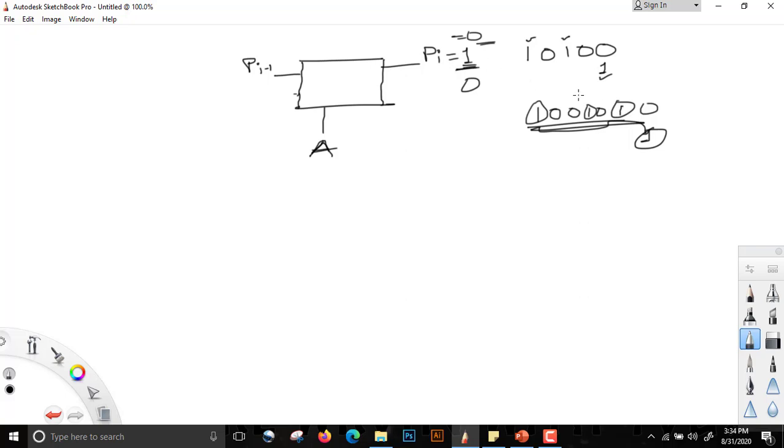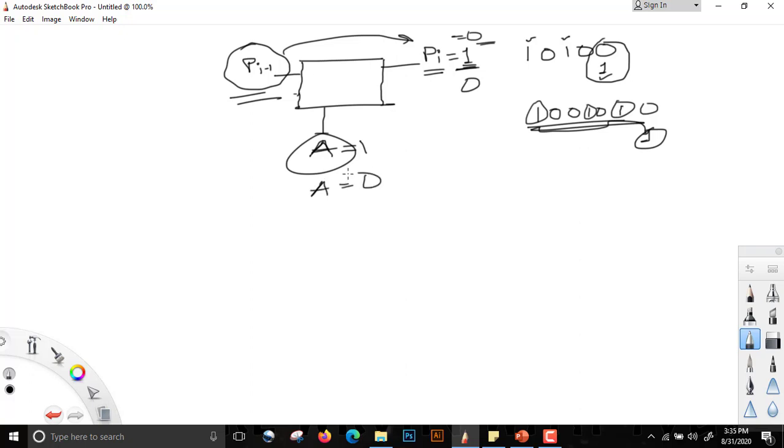From this discussion we can say that if any digit A is equal to 1, the parity which was there in the previous case will be changed. If A is equal to 0, the parity which was there in the previous case will remain the same.